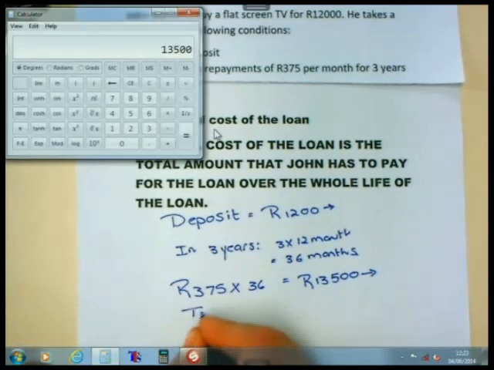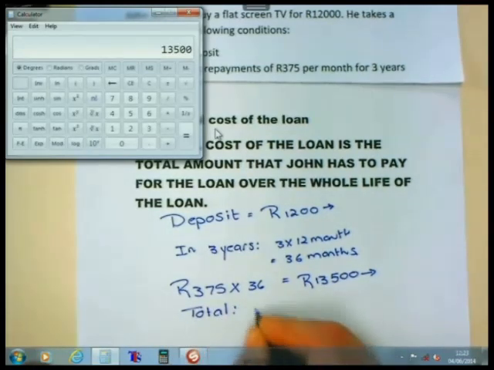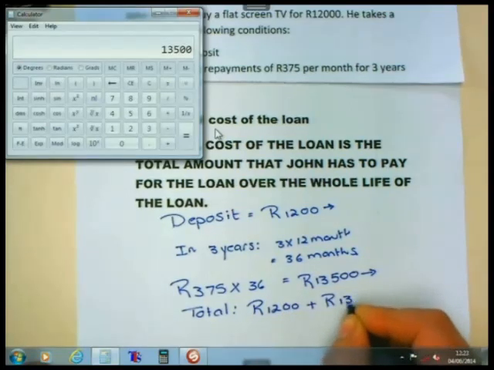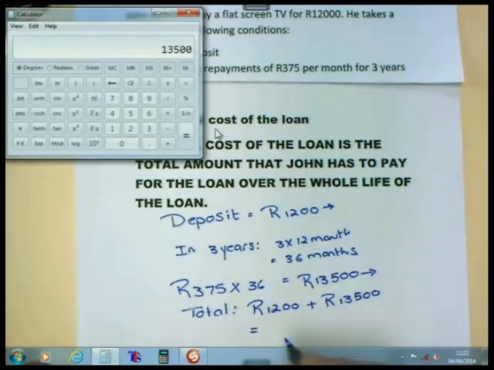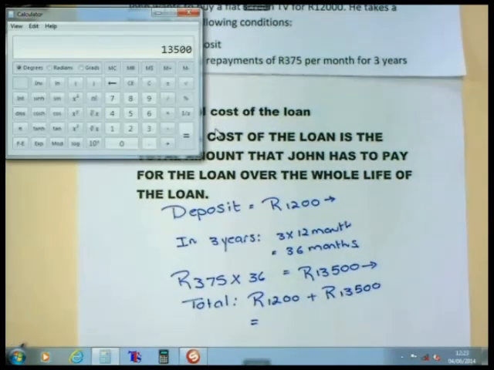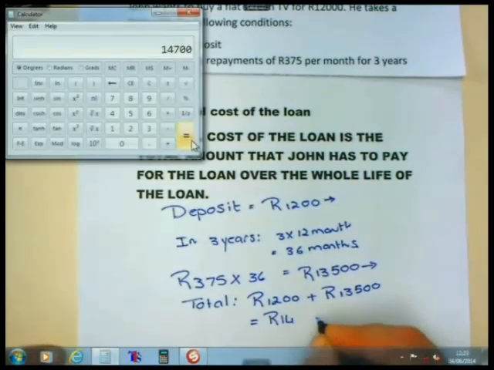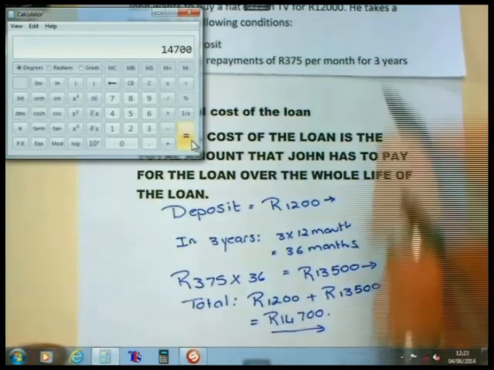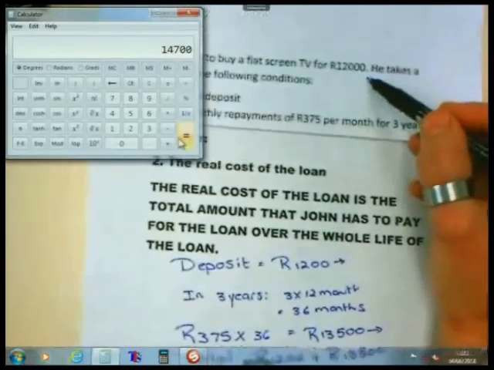All in all, the total cost of the loan was then 1,200 plus 13,500, meaning that John didn't at the end of the day end up only paying 12,000 rand for the TV, but in fact this whole amount of 13,500 plus 1,200, and this gives 14,700.